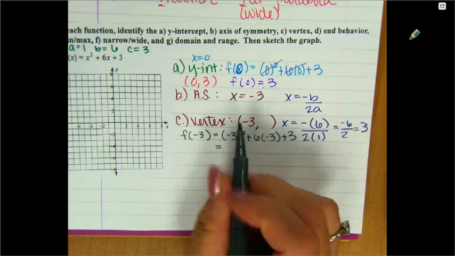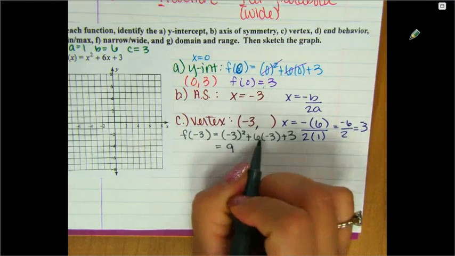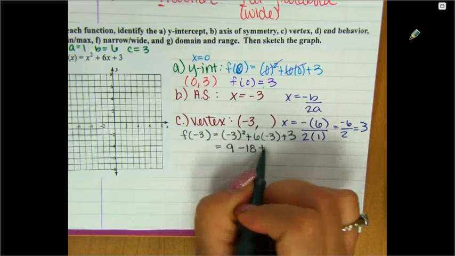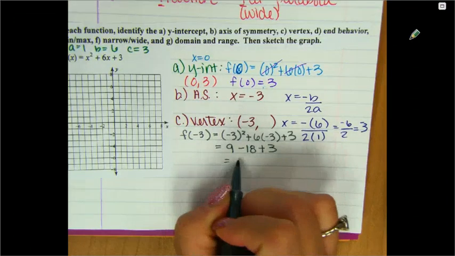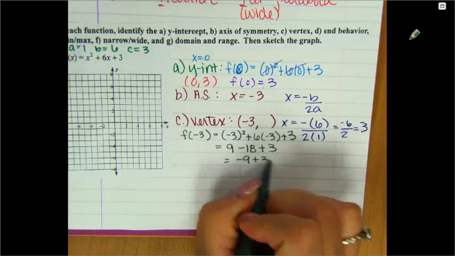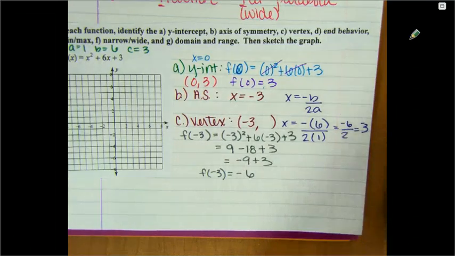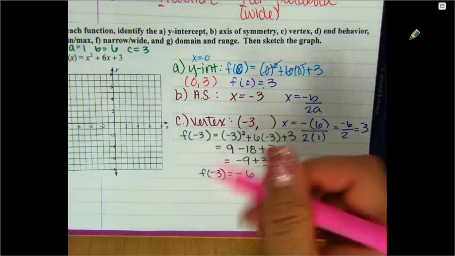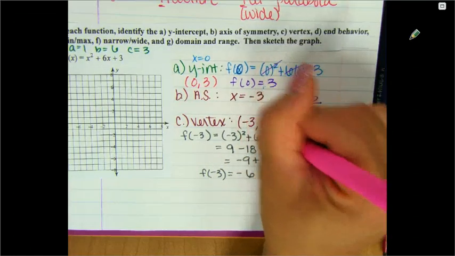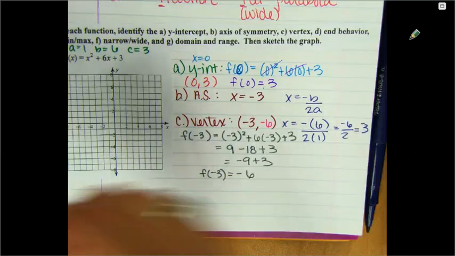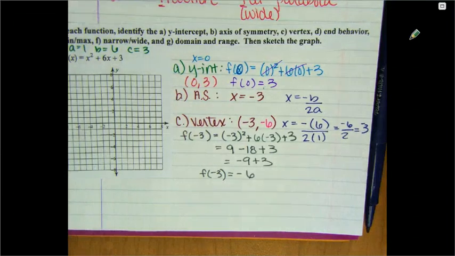Positive 9. What's 6 times negative 3? Negative 18, plus the 3. So 9 minus 18 is negative 9, plus 3 is negative 6. So f of negative 3 is negative 6, and my vertex is (negative 3, negative 6). Does that make sense? Okay, write it down. I'll give you a few seconds. If you already have it, then you're good.